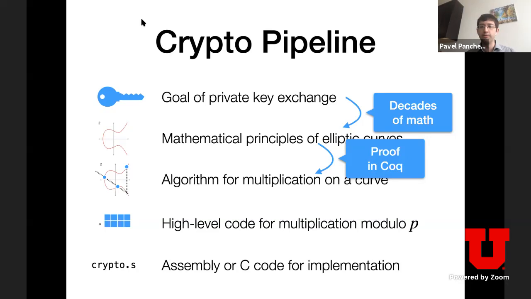That might be part of the broader SSL library. But that algorithm for multiplication is implemented by this high-level code, and that high-level code is written and proven in a dependently typed language called Coq. It's French. You'll often see it pronounced Coq, or pronounced Coq by Americans. It means rooster.